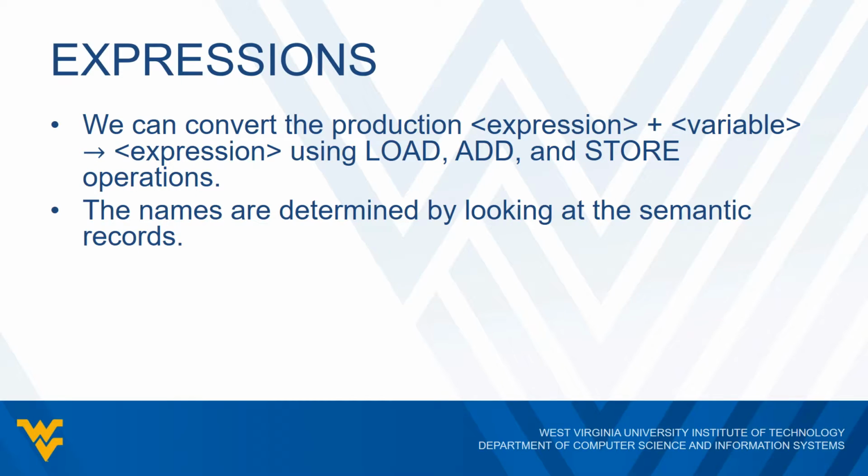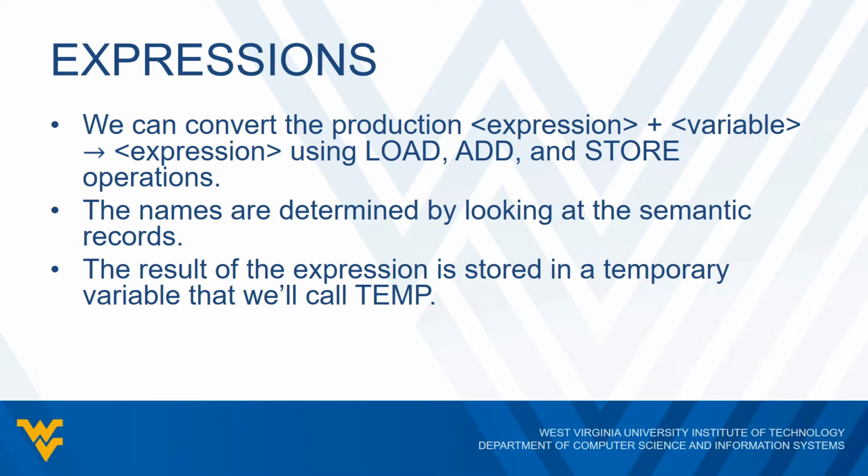So we basically use these operations, and to determine the address fields, we would just look up the information in the semantic records. This will result in some code for the branch, and we're going to need a temporary memory cell. The result is going to be stored in this temporary variable, which the compiler will usually call temp.